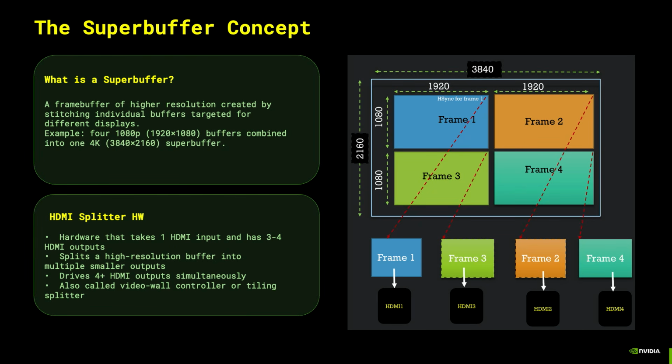There is a big 4K buffer, or superbuffer, 3840 x 2160 pixels, and I have arranged four 1080p, or 1920 x 1080 pixel, buffers next to each other inside that 4K buffer. Each of these 1920 x 1080 buffers is an application buffer, and the bigger 3840 x 2160 buffer is the superbuffer. So we'll use this term further. I thought you should know what exactly a superbuffer is.